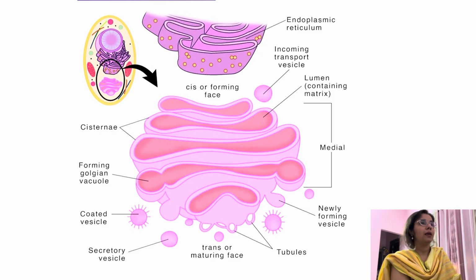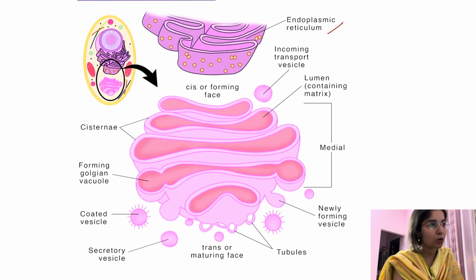So here, this is the cell and this is the nucleus. This is endoplasmic reticulum, right? This is rough endoplasmic reticulum. You can see the ribosomes over it. So this is the area where proteins are going to be synthesized, and then after protein formation, they are going to go to the cis or the forming phase of the Golgi apparatus.